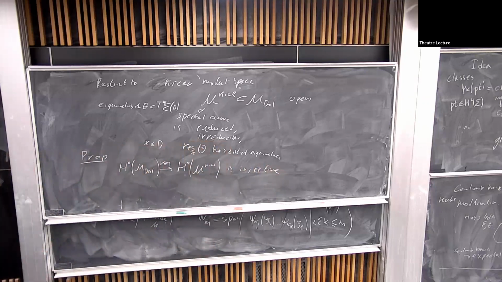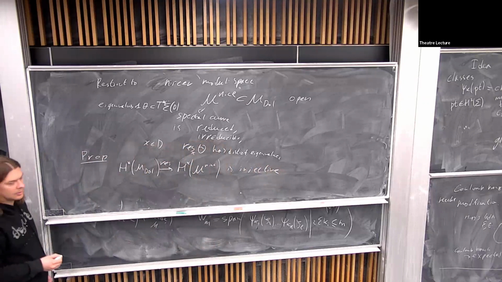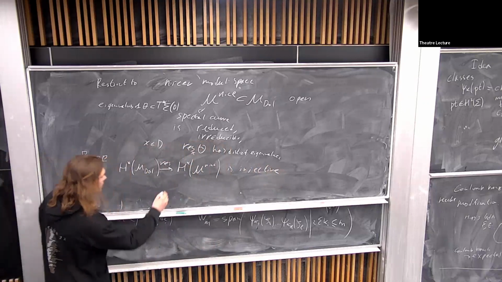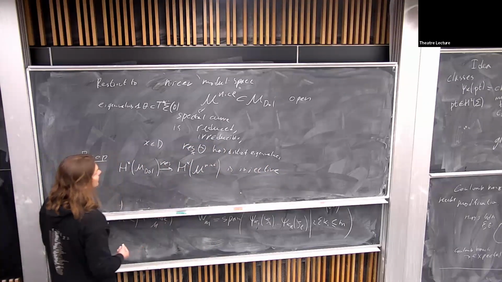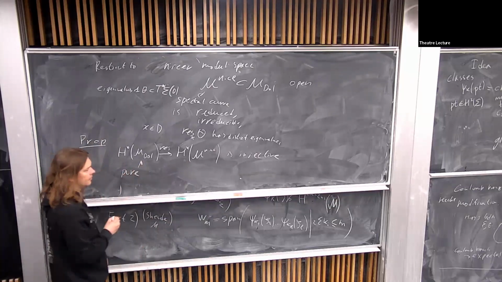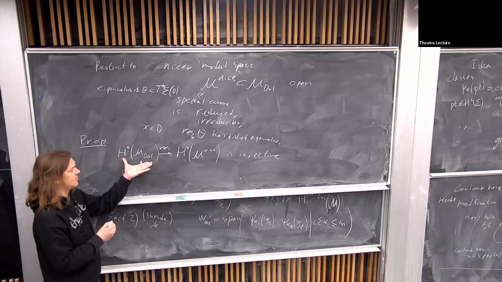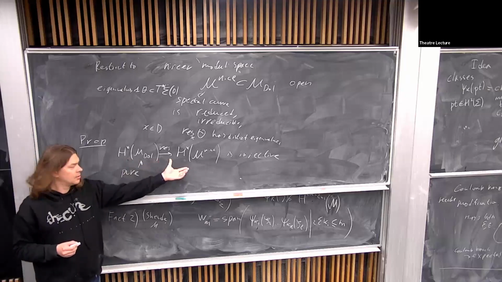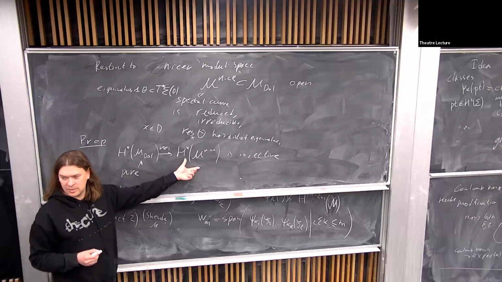It's open in the Zariski topology. And that also means, this is also known to be pure. And so this identifies us with a pure part in the cohomology of this moduli space.